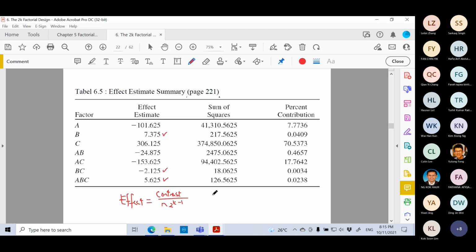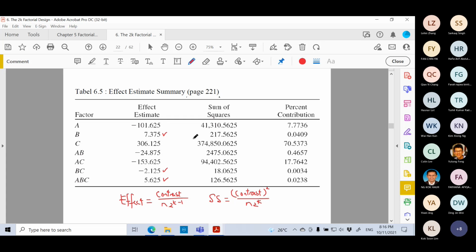So the sum of squares will equal the contrast squared divided by n times 2 to the power of k. From the effect, you can convert it to the contrast, and from the contrast, you can calculate the sum of squares.